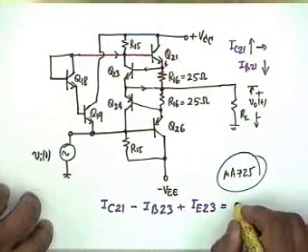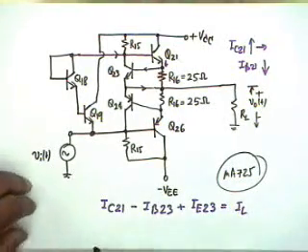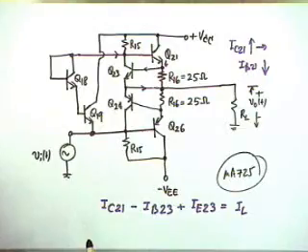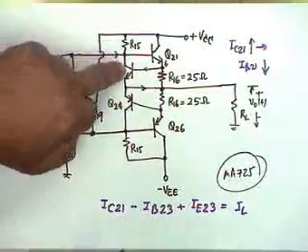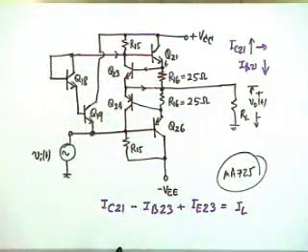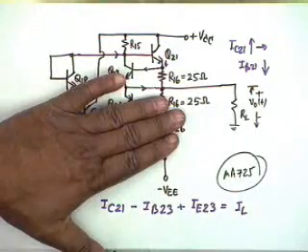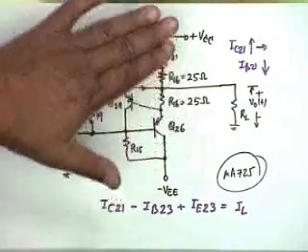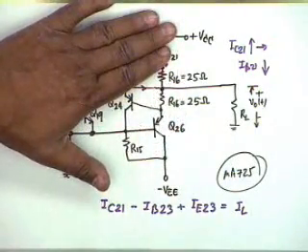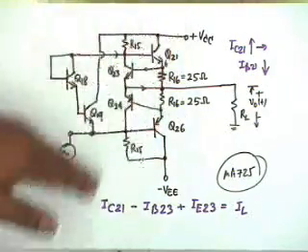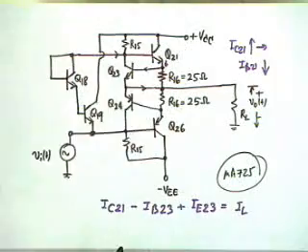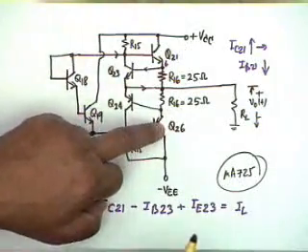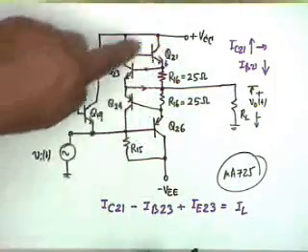Agree? Minus, when Q23 conducts, Q24 doesn't. You see, this half does not carry any current when the other half is carrying current, right? This is the class B stage. Q21 conducts, Q26 is off. Q26 conducts in the negative half cycles, Q21 is off. So it suffices to consider only the upper half of the circuit.